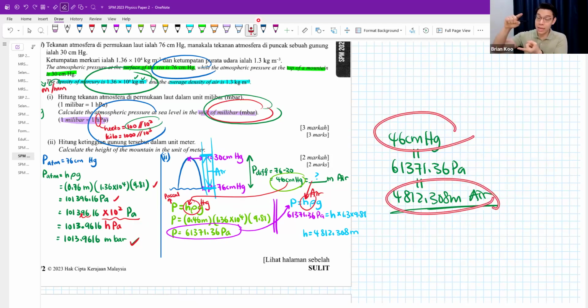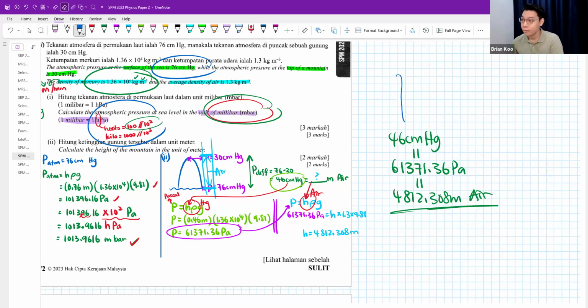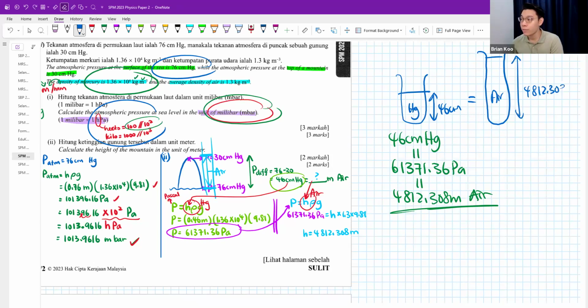You take 46 cm of mercury, the mercury will press and give you some pressure, right? This pressure is exactly the same as if you take air, but you have to use 4812.308 meters of air to give you the exact same amount of pressure, because air will also press and give you pressure.